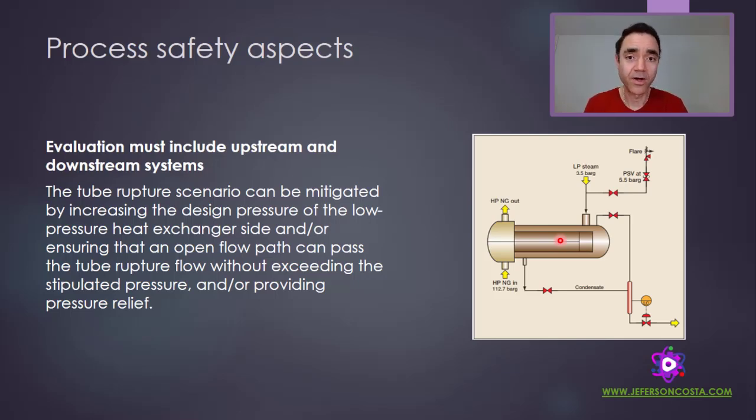So when you are preparing the piping and instrumentation diagram, besides worrying about the equipment in the correct application of the 10/13 rule, I must also guarantee that the pressure rating of my isolation valves also applies to the rule. This way, if I have a tube rupture and my shell and tube heat exchanger is isolated, I will guarantee that my low pressure side system will not rupture at all.